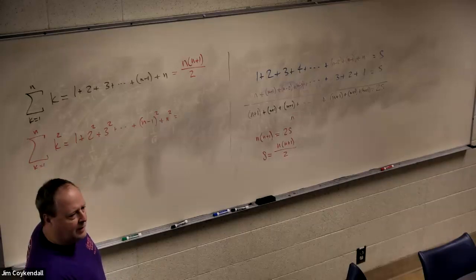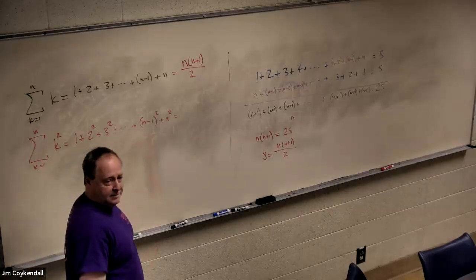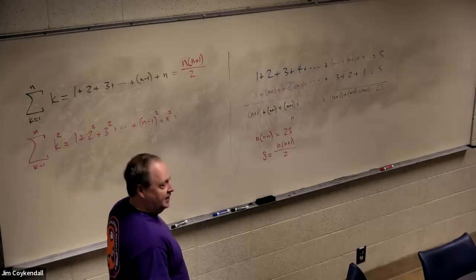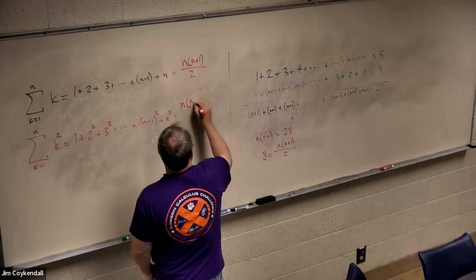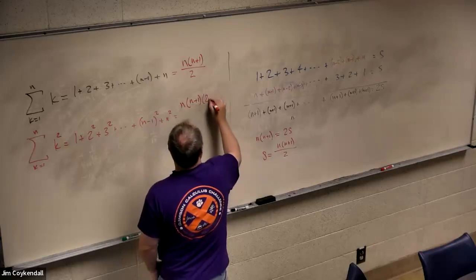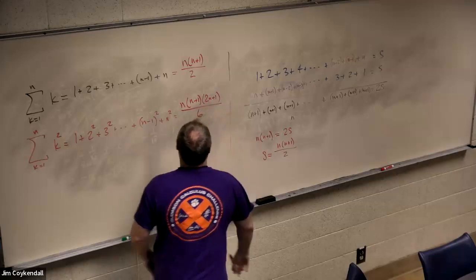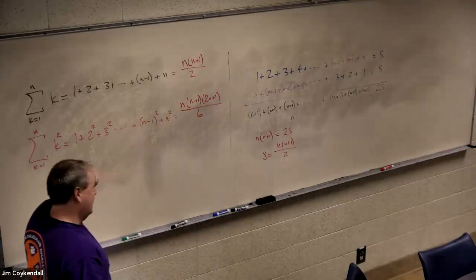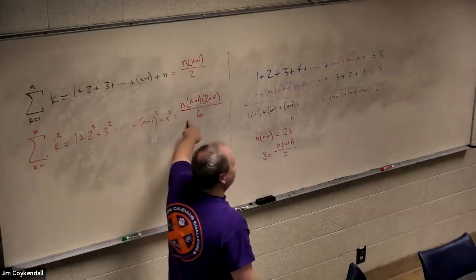What happens if you add up the first n squares? There's a formula: n times n plus 1 times 2n plus 1, all divided by 6.